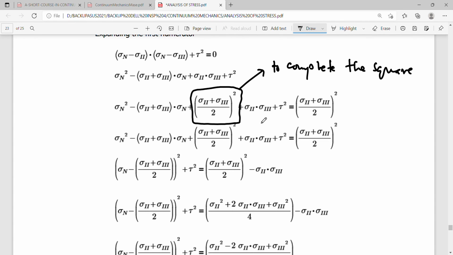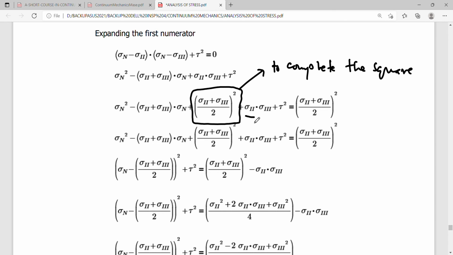Okay, so we still have a value here that is needed for us to be able to come up with a squared term here. So this is a minus sigma 2 plus sigma 3 multiplied by sigma n value. So this will represent now the middle term of the squared.